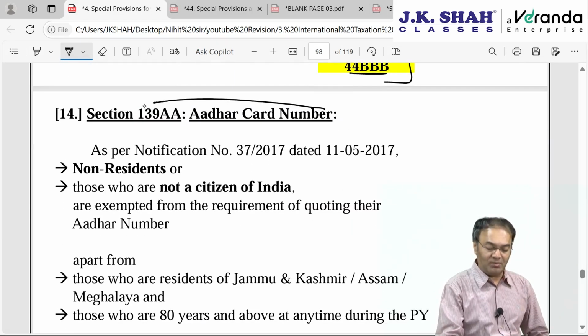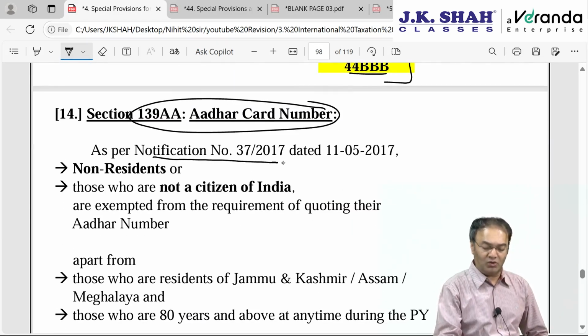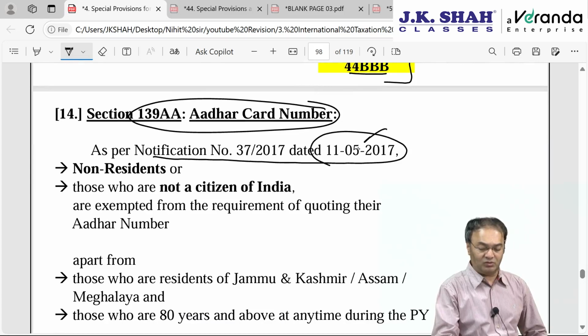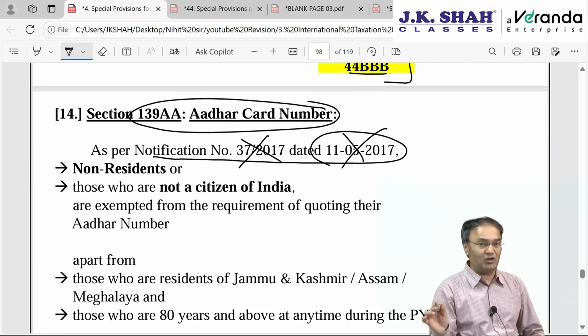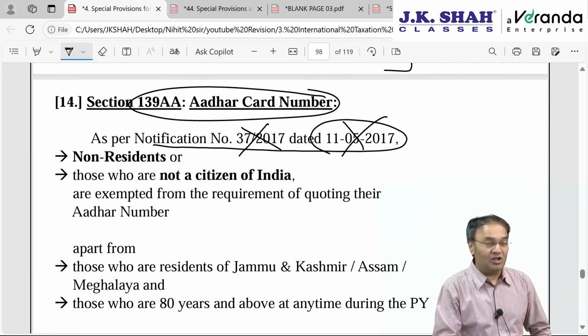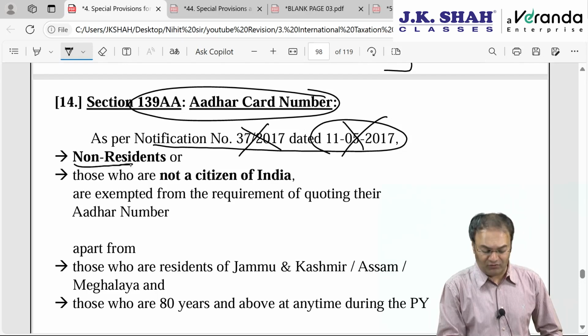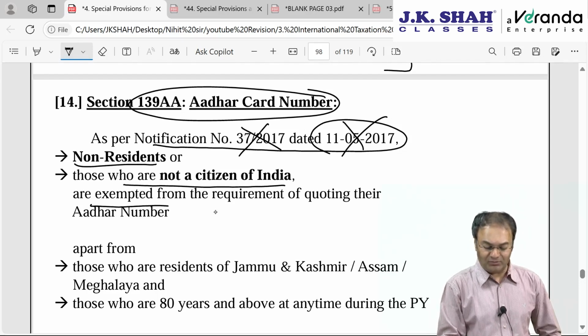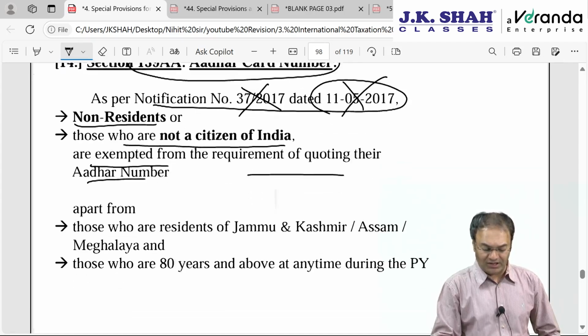Same way, Aadhaar number as per the government notification dated 11th May 2017, no need to remember the date or the notification number. The Aadhaar number requirement does not apply to non-residents or those who are not citizens of India. They are exempted from the requirement of quoting their Aadhaar number.